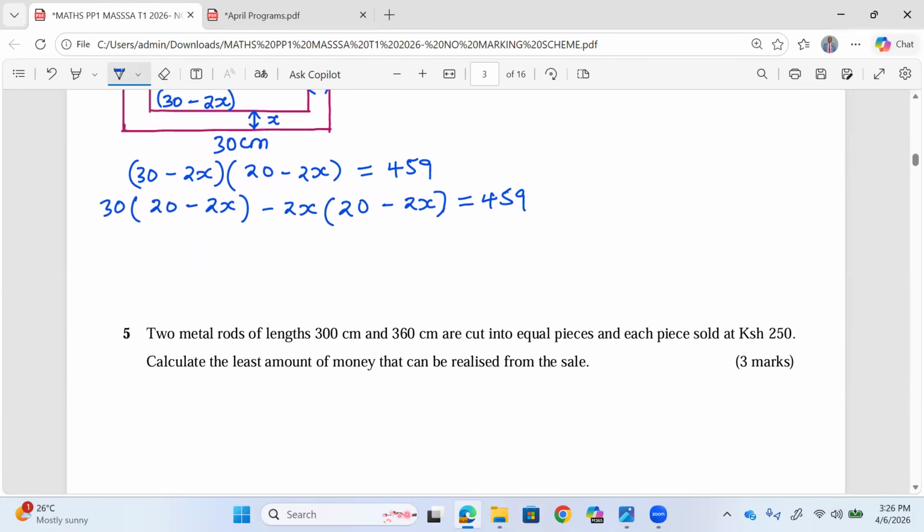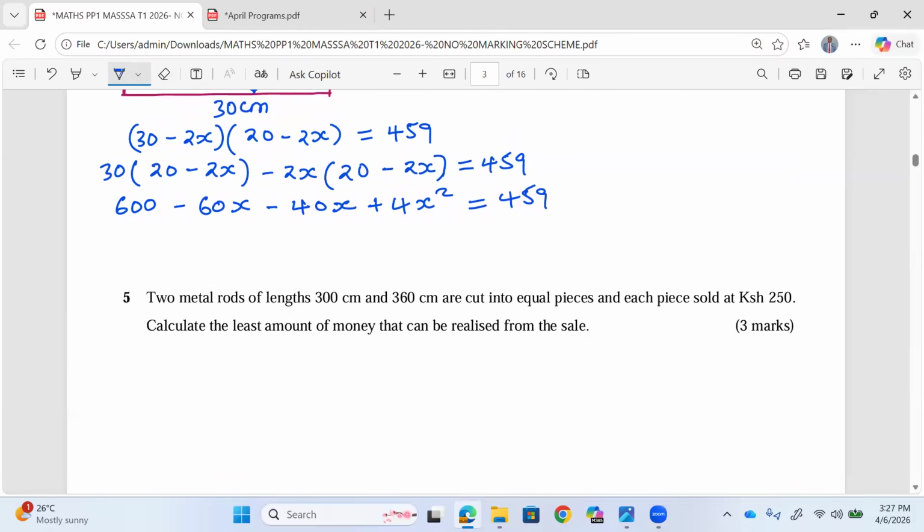Can we expand? This is 600 minus 60x minus 40x. Then this becomes positive, yeah, positive. Negative 2x times negative 2x gives 4x squared. This is equal to 459.